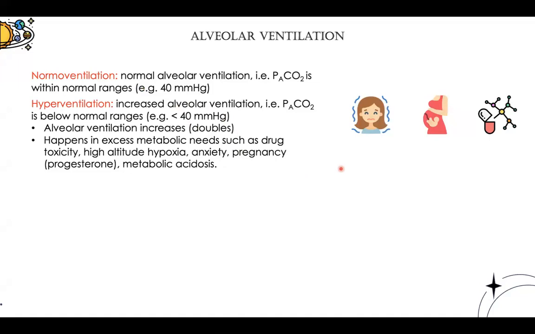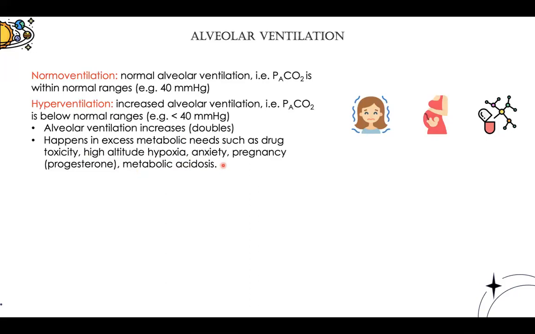You'll be given the ranges if you need to determine whether it's hyperventilation or hypoventilation. Your alveolar ventilation increases, usually it'll double, in excess metabolic needs such as drug toxicity, high altitude hypoxia, anxiety, pregnancy, and metabolic acidosis. With high altitude hypoxia, we already discussed that at high altitudes the oxygen partial pressure in the atmosphere is very low.